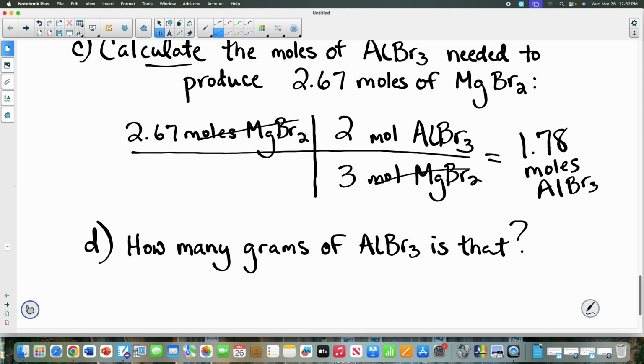This is going back to the unit that we just finished. How do we go from moles to grams? What do we need? The T-chart, and we need the molar mass. Oh, I forgot about that. 1.78 moles. Grams per mole.